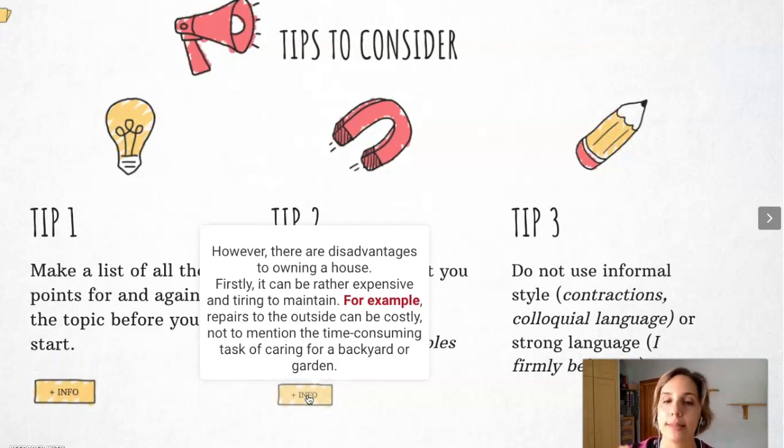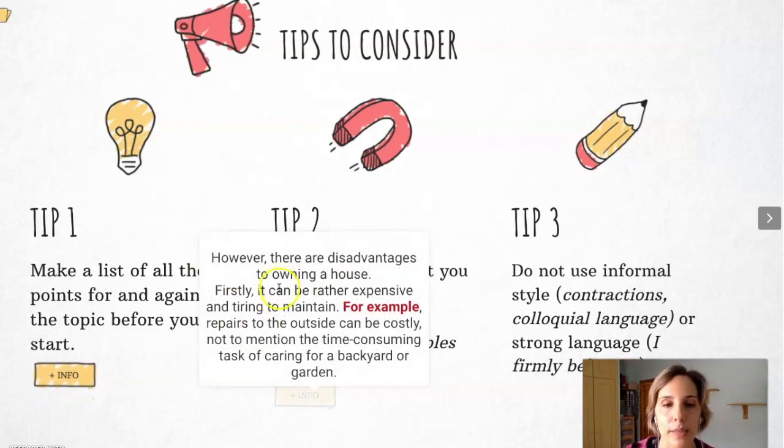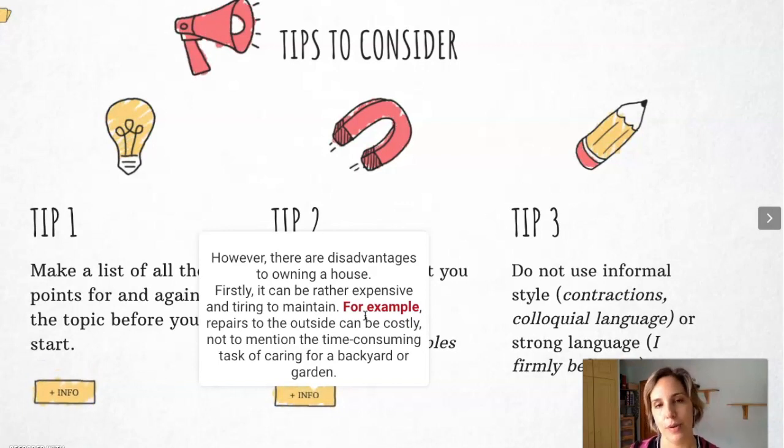For example, repairs to the outside can be costly, not to mention the time-consuming task of caring for a backyard or a garden. So not only are you saying that this is going to be costly and also tiring, but you are also including an example, for example, repairs to the outside. So we not only mention our disadvantage, but we explain it a little bit further. This is very important for your essay to be complete and rounded.